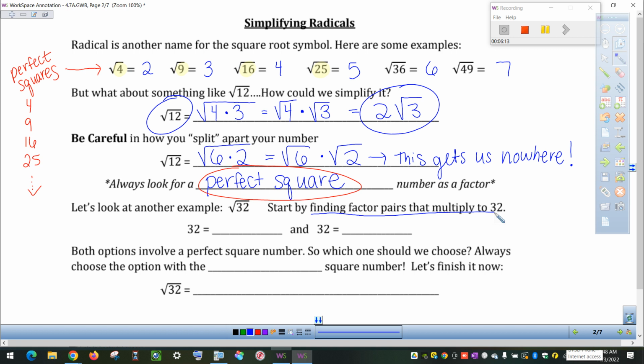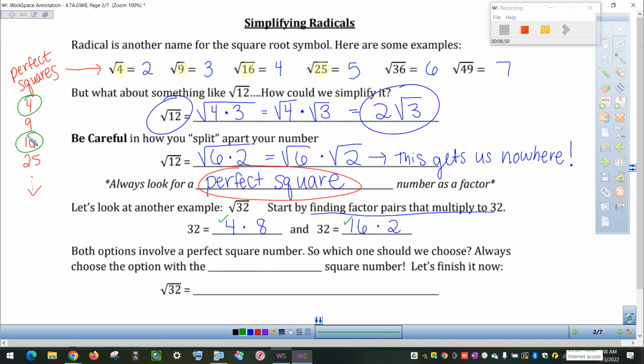One way that I can get to 32 is 4 times 8. And what's nice about that is 4 is a perfect square number. But what's interesting on this one is that I can also make 32 by doing 16 times 2. Well, 16 is also a perfect square.